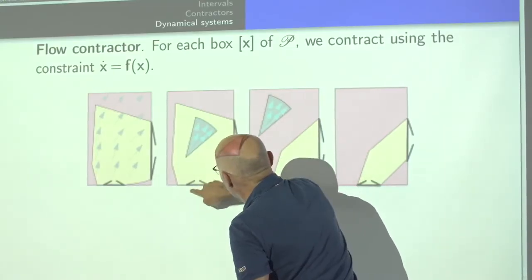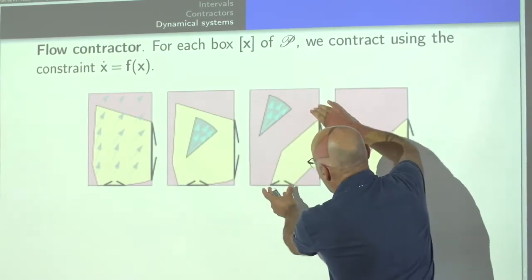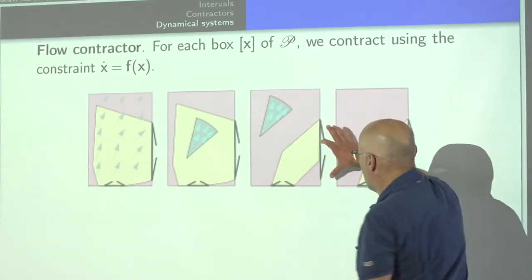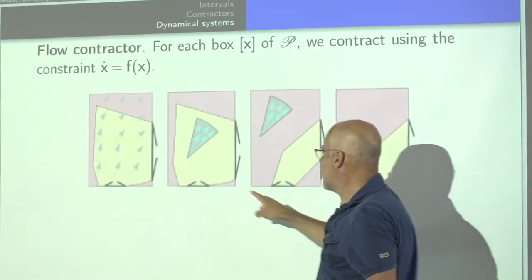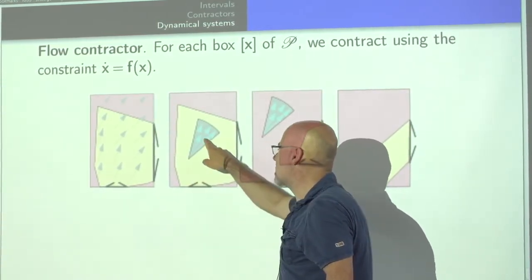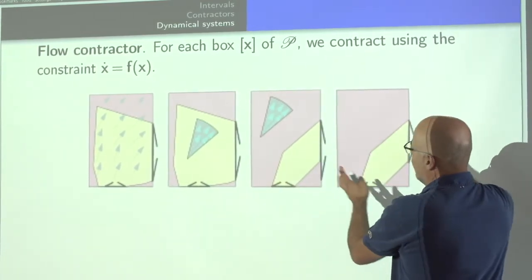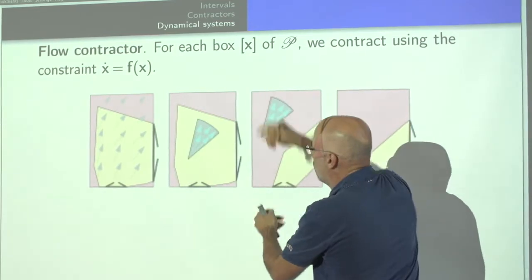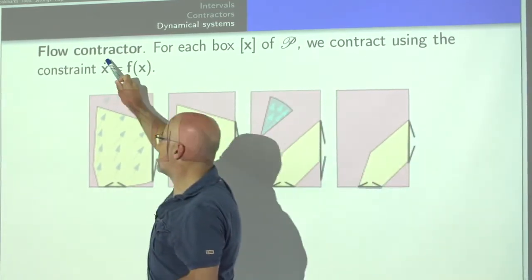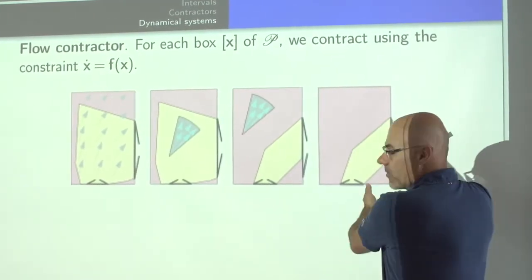I can do this, but I cannot do this if I want to respect the cone. So I can contract the polygon, but also I can contract the doors. It means if I follow this, I cannot enter here and go out here because I have to follow these directions. This is what we call a flow contractor: I have to be consistent with my differential equation or my differential inclusion, and I obtain a contractor.